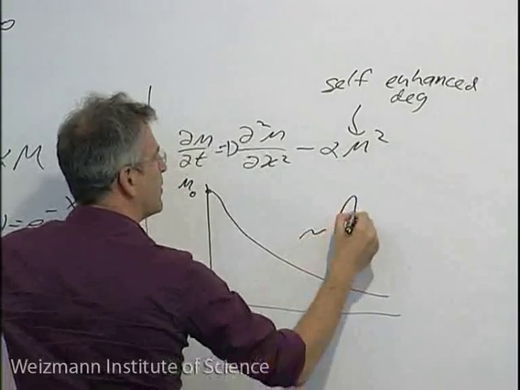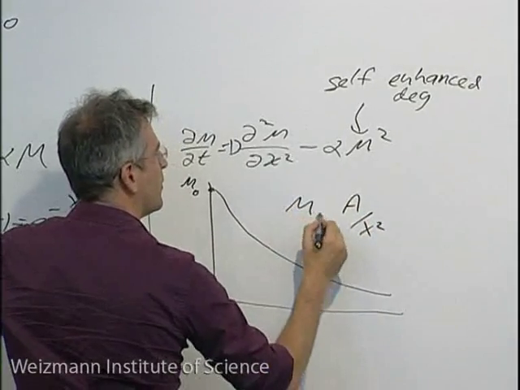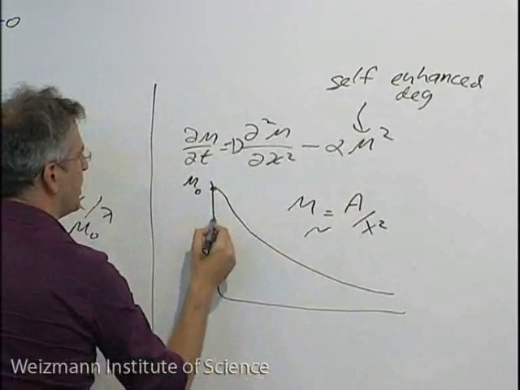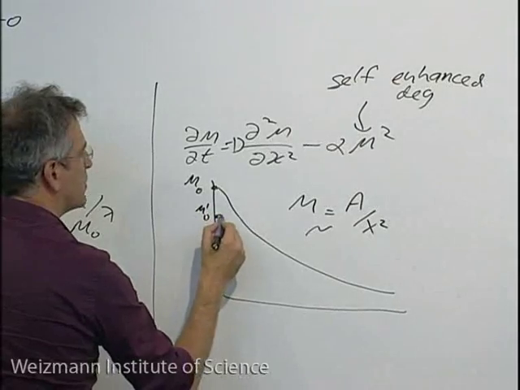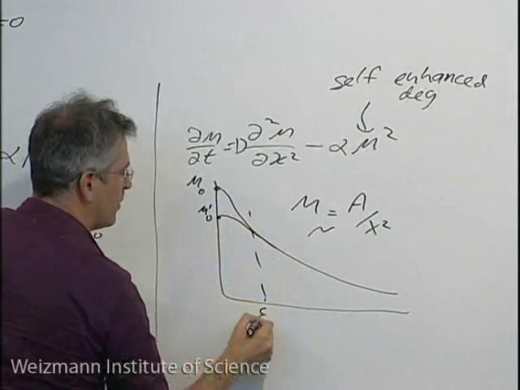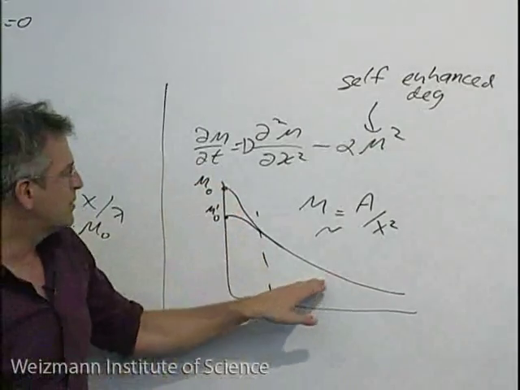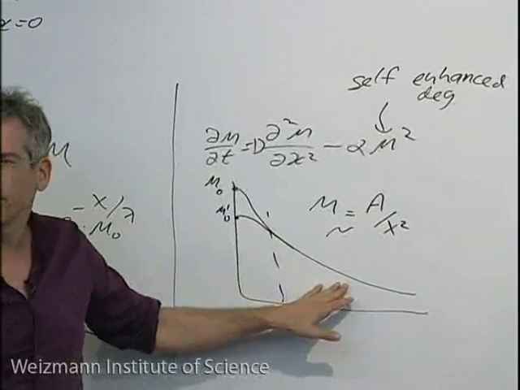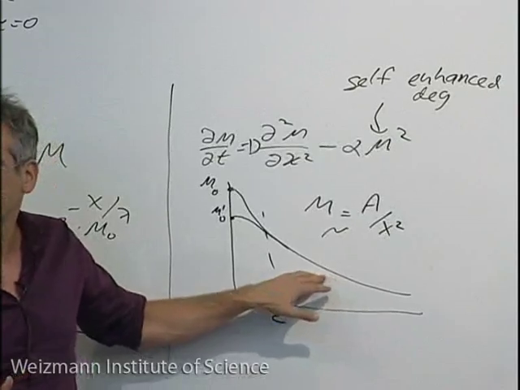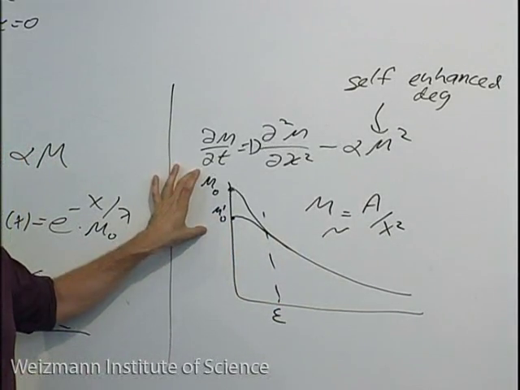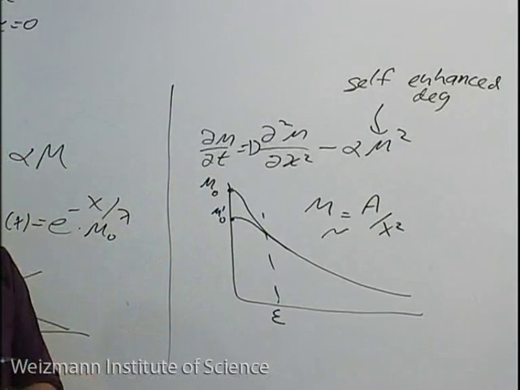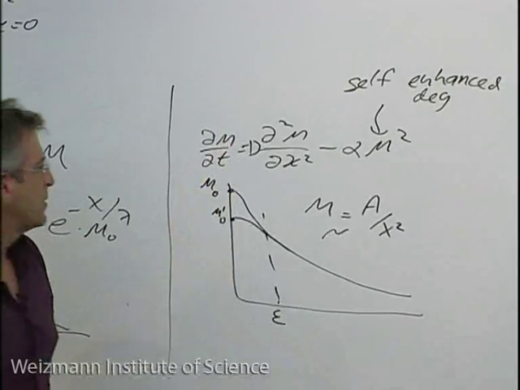I'm just reviewing what we did last time. It looks like something over x squared. And if you change the initial levels, apart from a small region where the profile isn't robust, you get exactly the same shape, or almost exactly the same shape. It depends very, very weakly on the initial conditions, and this is robust.